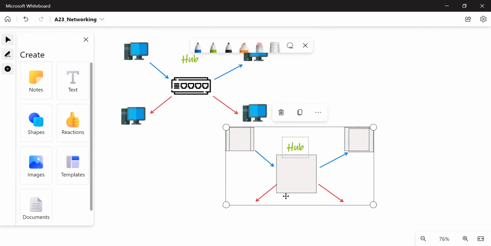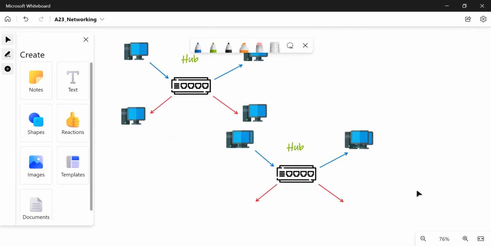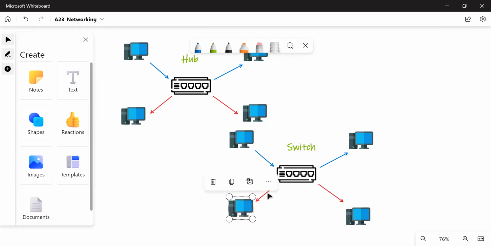Let's say I'm going to do it with a switch. Switch is actually smart. Switch will be smart. It doesn't send this to others, right? So if you take, let's say, like this, it won't send it here.